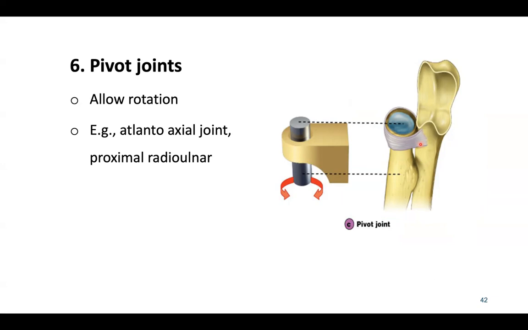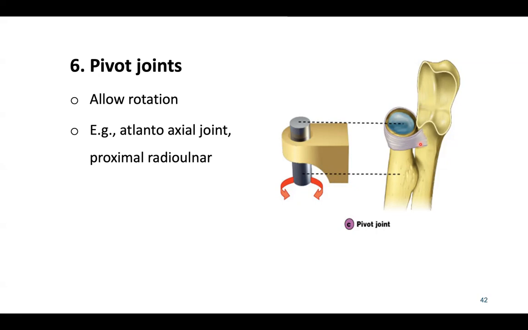Some examples: the joint between atlas and axis, the joint between the first and second cervical vertebrae, is a pivot joint. The joint between radius and ulna proximally, the proximal radio-ulnar joint, is another pivot joint. So pivot joints only allow rotation. These are the 6 types of synovial joints.